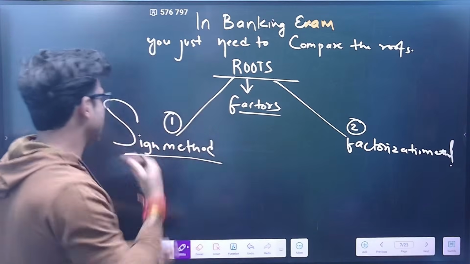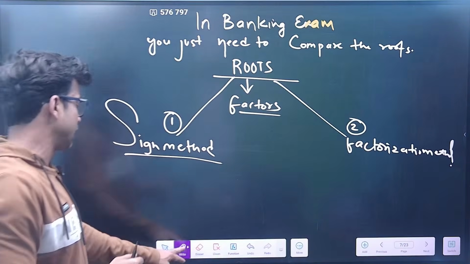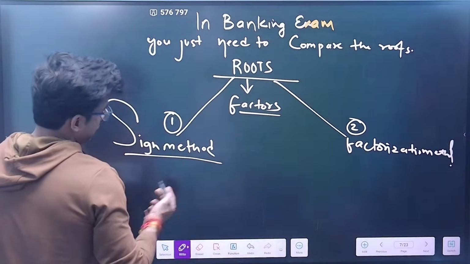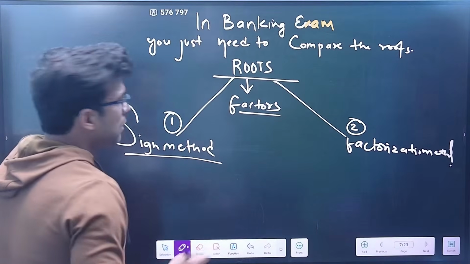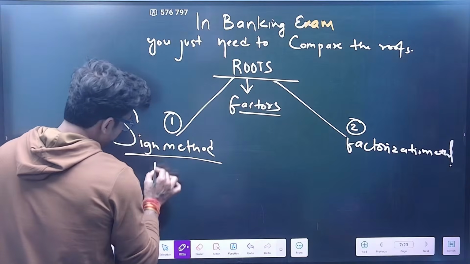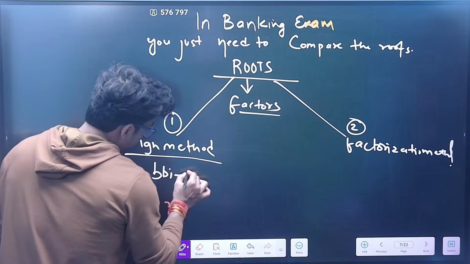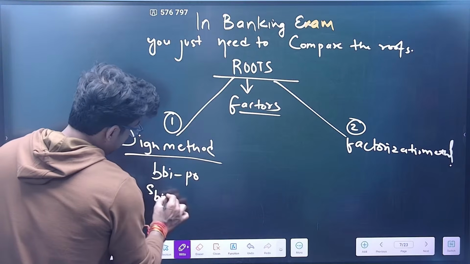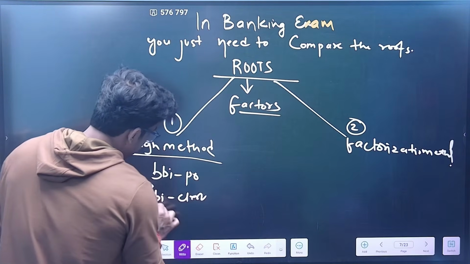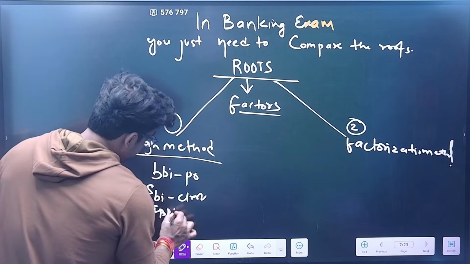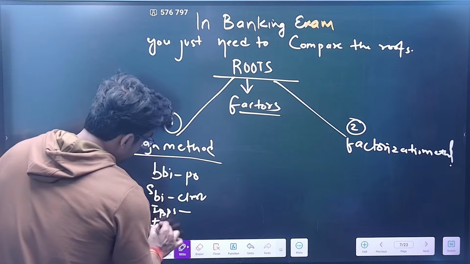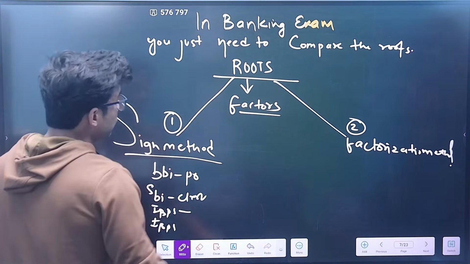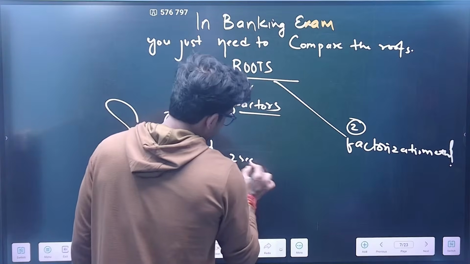Now the sign methods are very practical in nature, and when you are preparing for exams of the pre level, for example SBI pre, this is very useful. SBI clerk, very useful. IBPS clerk, very useful. IBPS PO, very useful. So these sign methods give you the answer in 2 seconds, I would say.